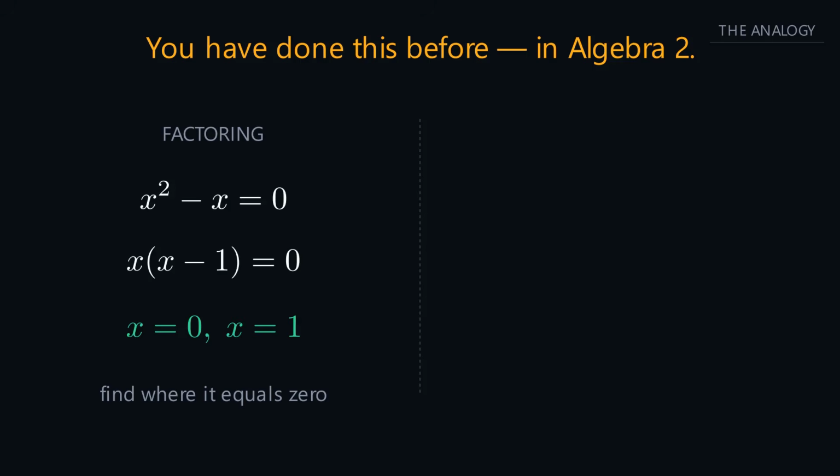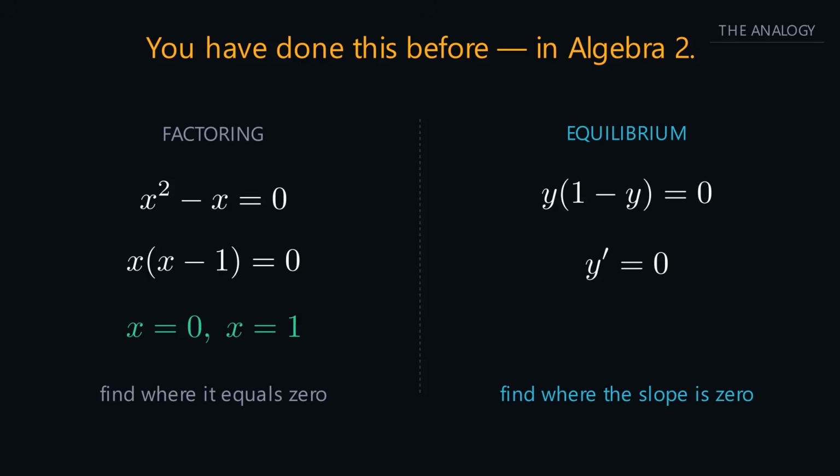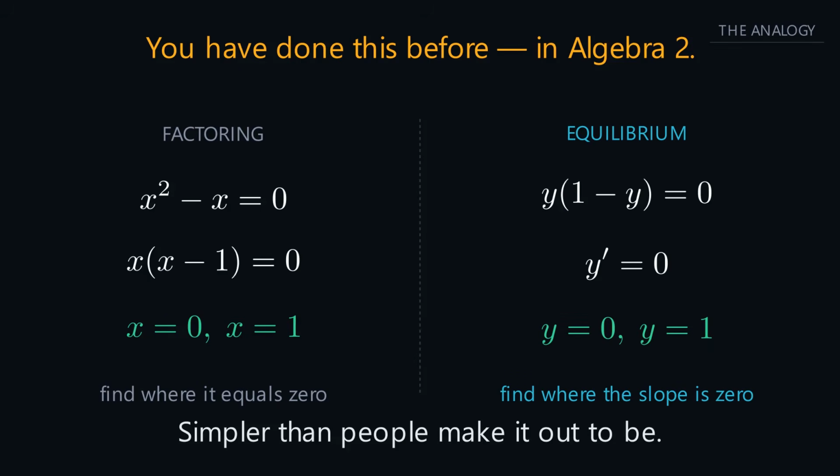We're trying to find the 0 points. Here, we're trying to find a point where slope reaches 0 for any value of y that x cannot change. It's very, very similar. We're saying, when does y prime equal 0 for any value of x? That's it. That's all you gotta wrap around your head. It's a lot more simple than a lot of people make it out to be, usually.